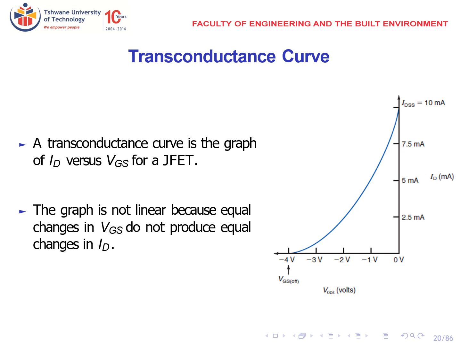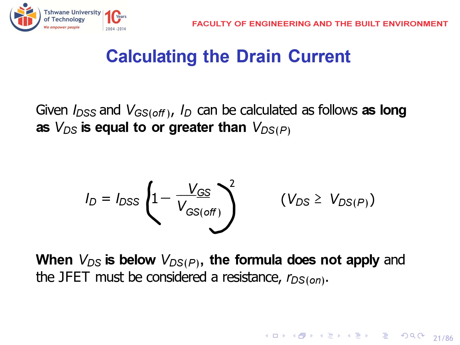As we supply a negative VGS of minus 1, it gives us 7.5 milliamperes. When it's minus 2, it's around 4 milliamperes. For minus 3, it's less than 1. For minus 4, ID is equal to 0 because minus 4 is our VGS(off).